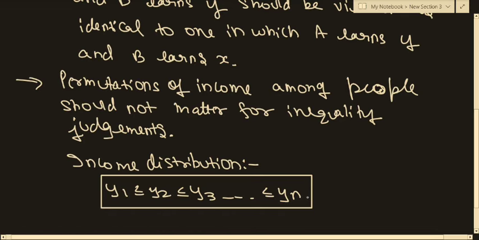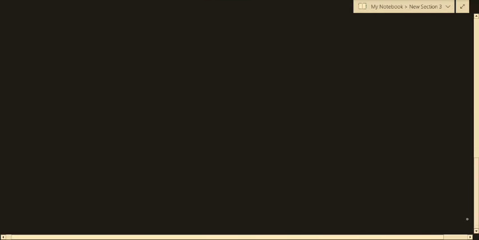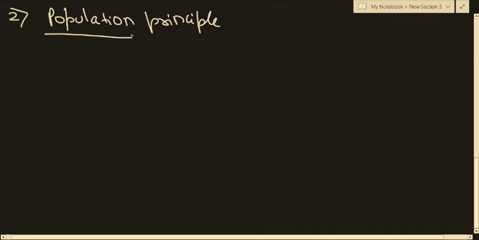Now the second principle we have is the population principle. You can pause the video and first understand every principle, every point, then only you can retain it well in the exam.